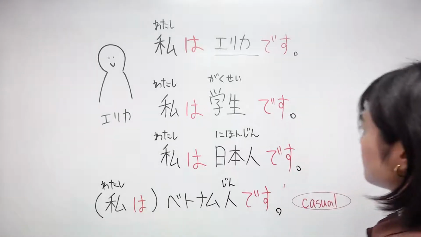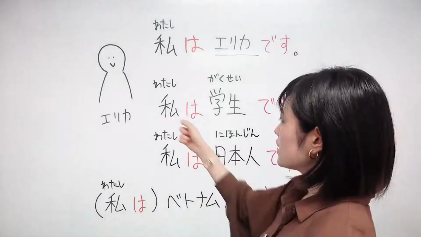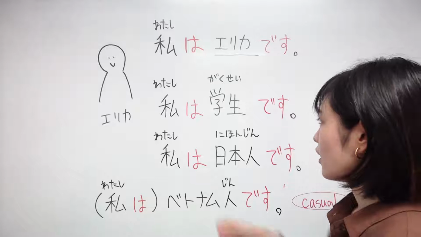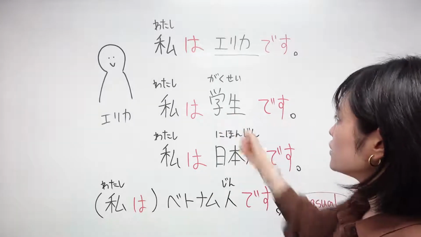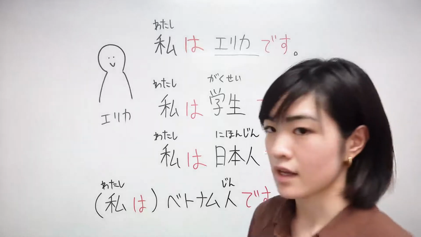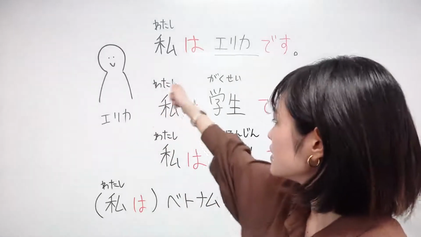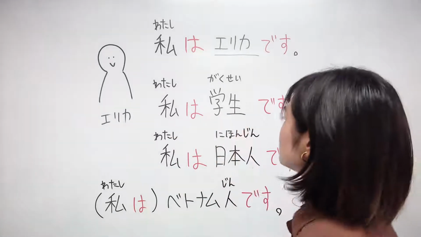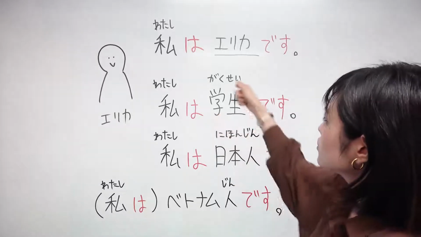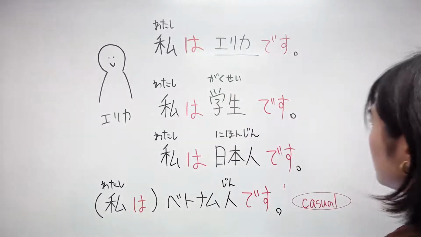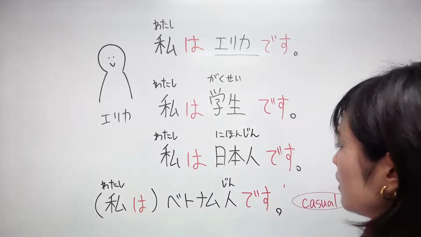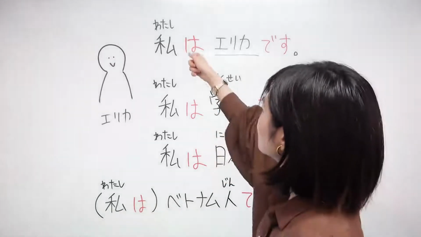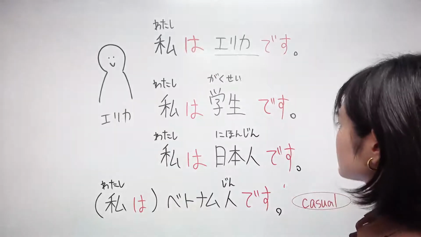Alright, let's look at another sentence. 私は学生です。Okay, this means I am a student. 私は学生 student です。So in many sentences, especially self-introduction, you use wa and this.